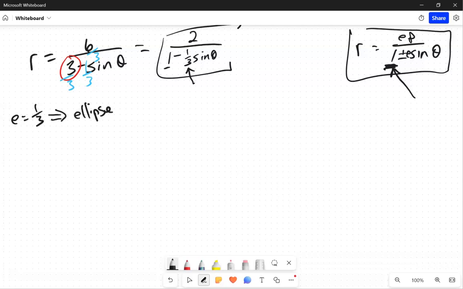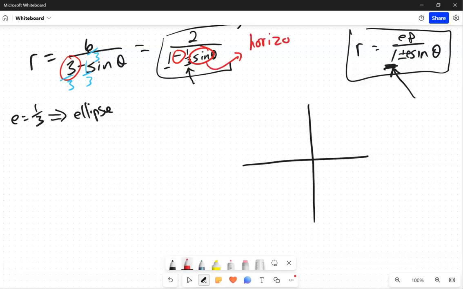All right, the next key piece is that this combined with this tells me the orientation of the ellipse. So let me come over here to the side and get my axis, get my pen. So I've got something like this. With it being sine, that's going to tell me that I have a horizontal directrix.